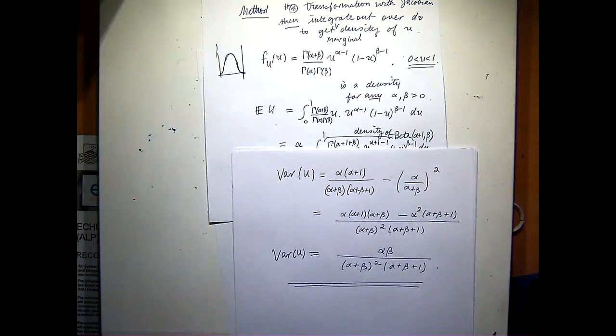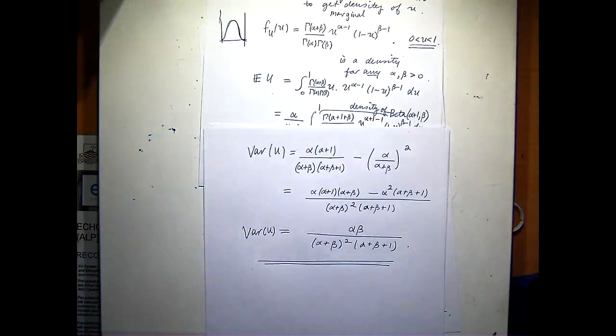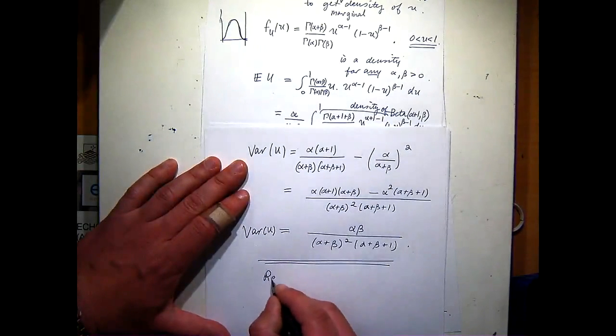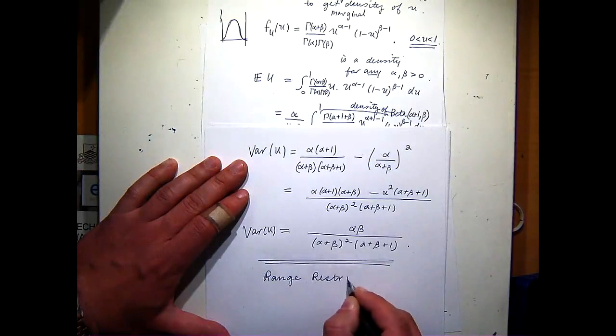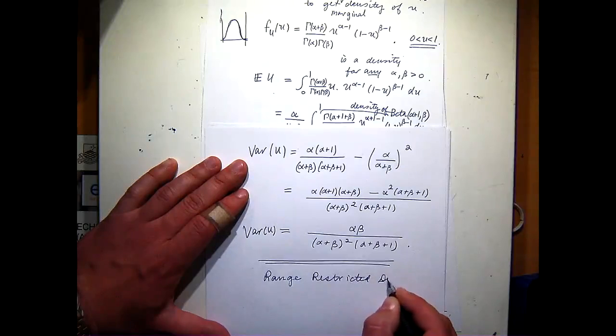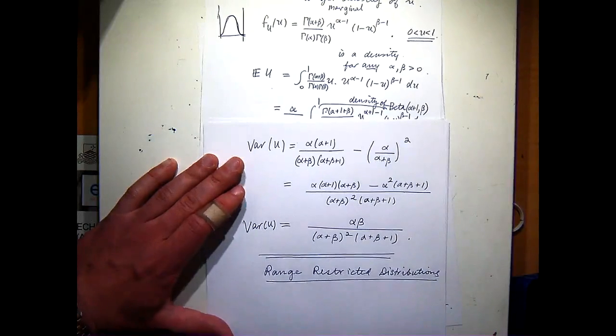Okay, let's go on with something else. It was mentioned in the textbook and the notes, but I think it's a very easy idea: range-restricted distributions. I think it's at the end of chapter 6. So what is a range-restricted distribution? It's exactly what the name sounds like.